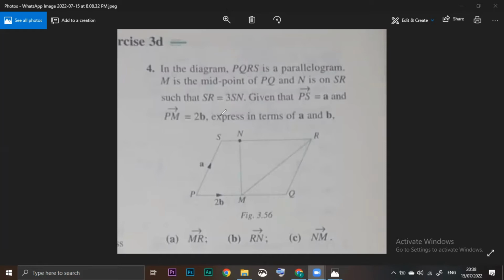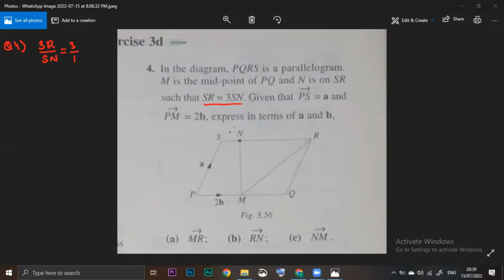First of all, we will deal with this ratio. We will convert this into a fraction. SR over SN is equal to 3 over 1. It means SR is 3 portions and SN is 1 portion.